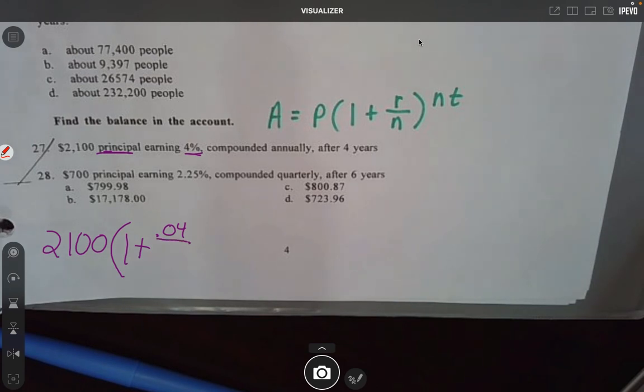And then what's my N? That's how many times it's compounded. A year. What does annually mean? Once a year. And then to the N, which was 1 times T. How many years? 4. Okay, so then all you have to do is type that all in your calculator.